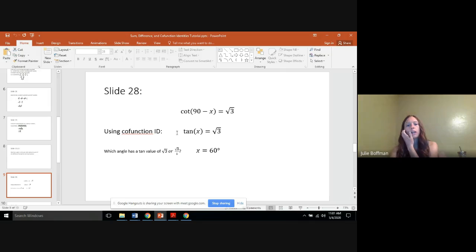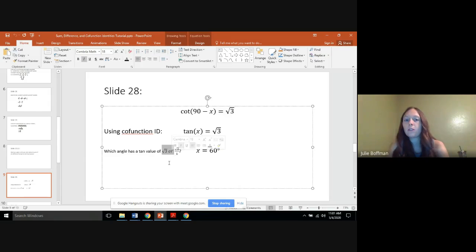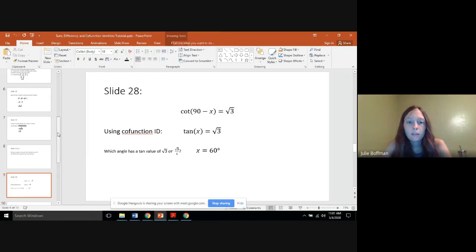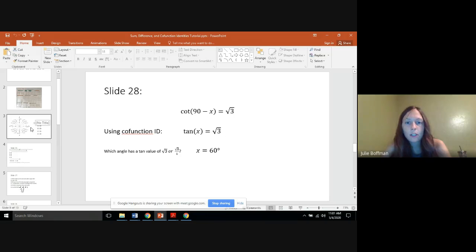So I'm going to ask myself, where on my unit circle does tangent have a value of square root of 3, which I could also think about as square root of 3 over 1. This is why I think it helps if you go through and write those simplified tangent and cotangent values on your unit circles. You don't have to think about this every time, but we can. So I would start in the first quadrant.